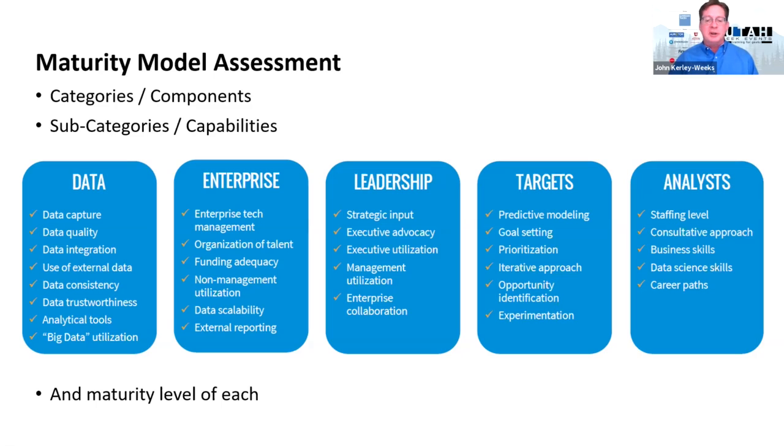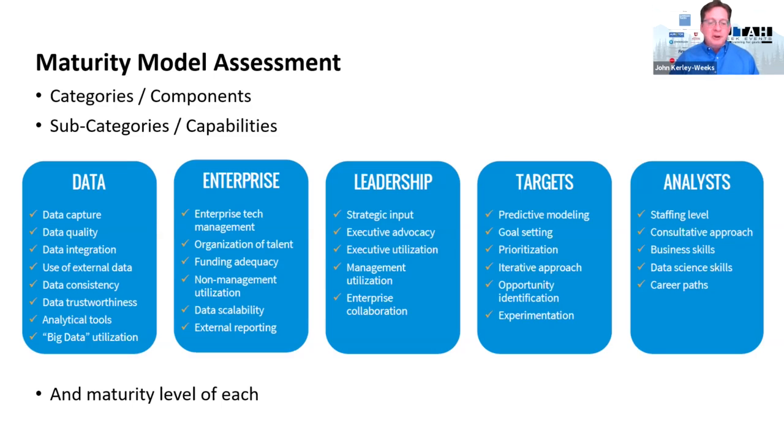We want to be sure to address issues before they become problems. We want to ensure that our analytics teams are properly trained, that we've got good career paths for them, and that we've got executive buy-in for the programs and engagement with departments throughout the organization.